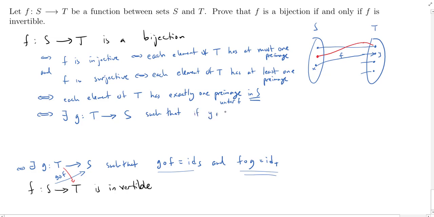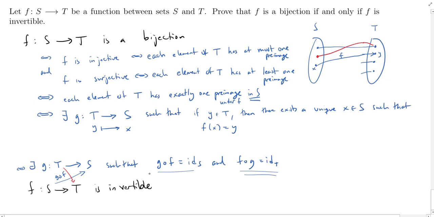If y is in T, then there exists a unique x in S such that f of x equals y. And what is this function g doing? Well, g sends y to x.